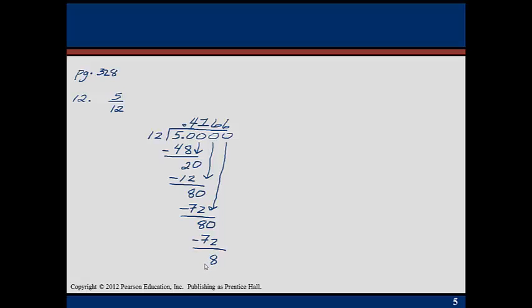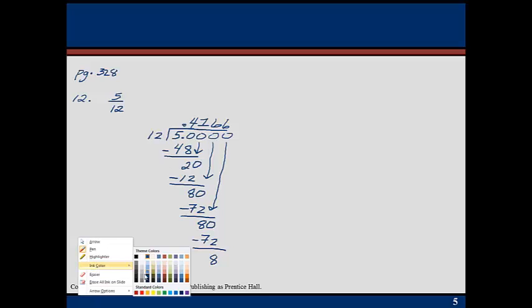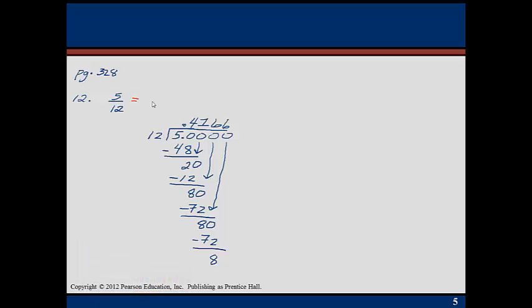So instead of continuing this problem, you're going to write your final answer as 0.416, and then once we get to the 6, it's going to always repeat the 6. It will be 0.416, 6, 6, 6, 6, all the way down forever.